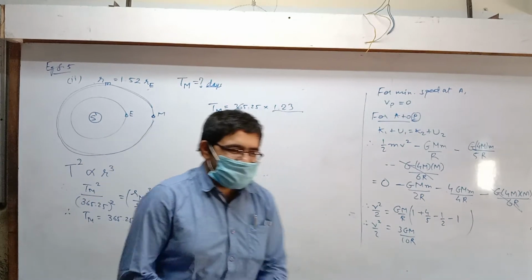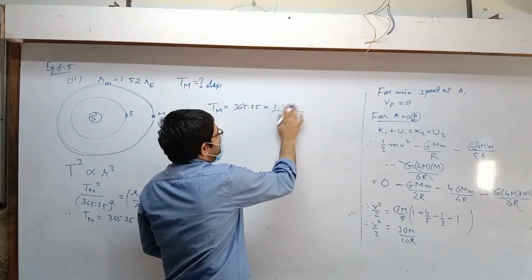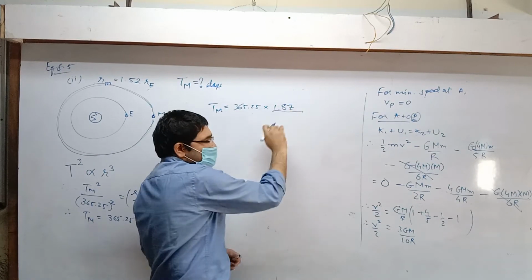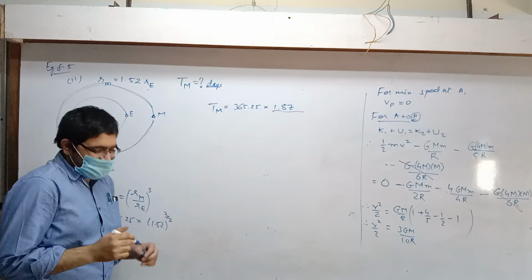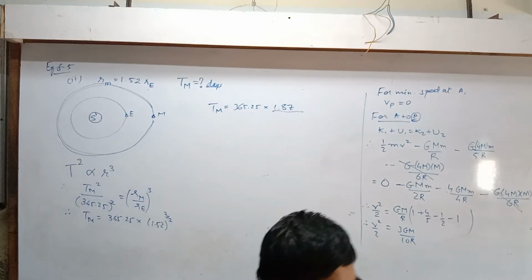So there was a mistake. 1.87, so multiply that, right? Okay.